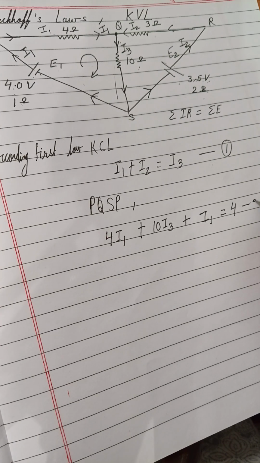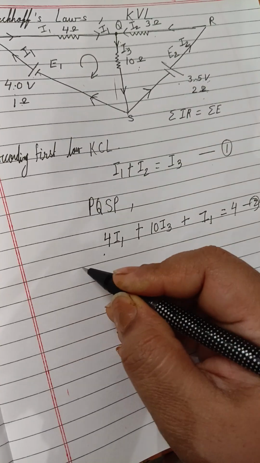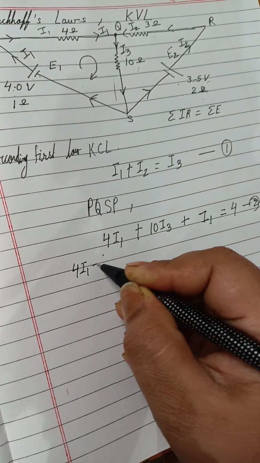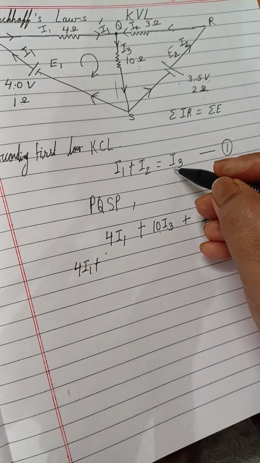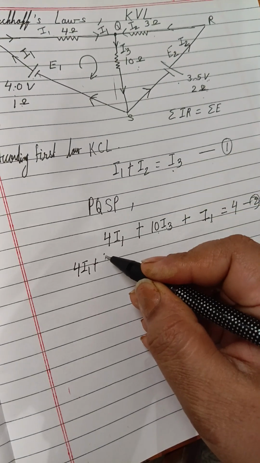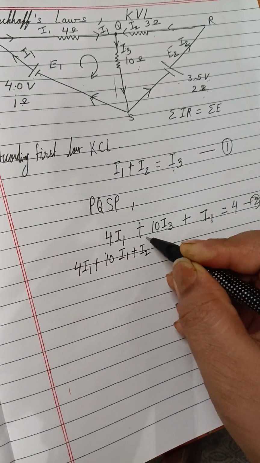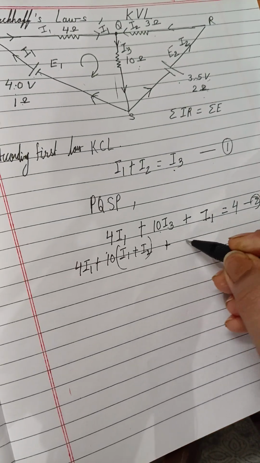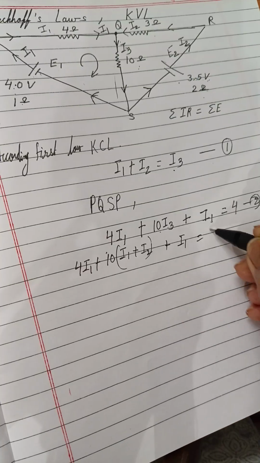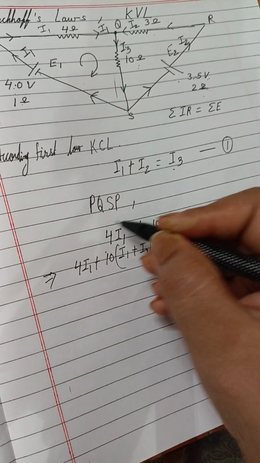And you can solve this one also. How are we going to solve? You can see that 4I1 plus 10I3. What is the value of I3? 10 (I1 plus I2) plus I1 is equal to 4. Again you can solve this one.